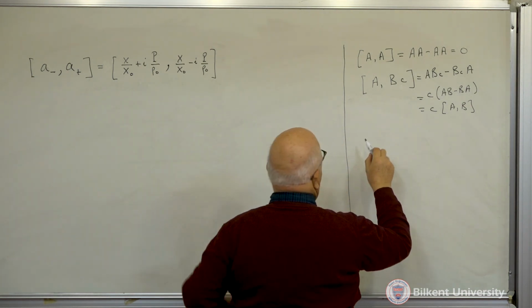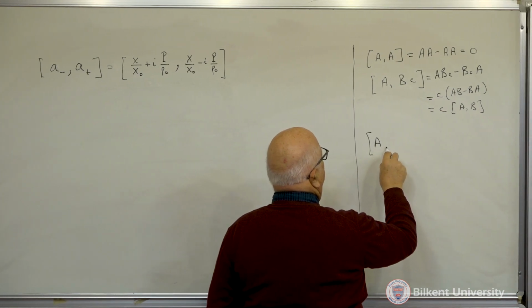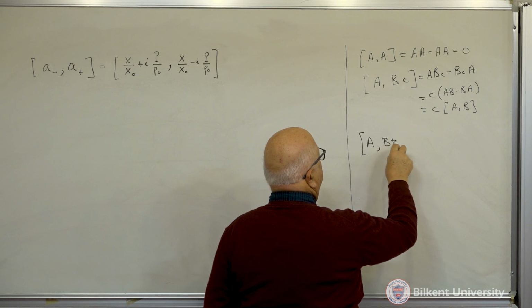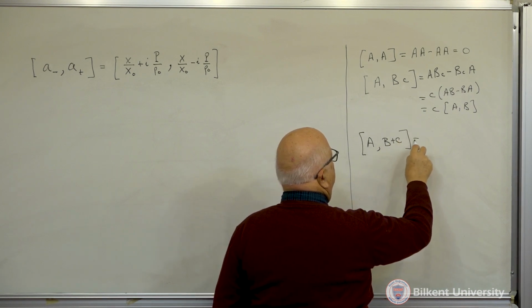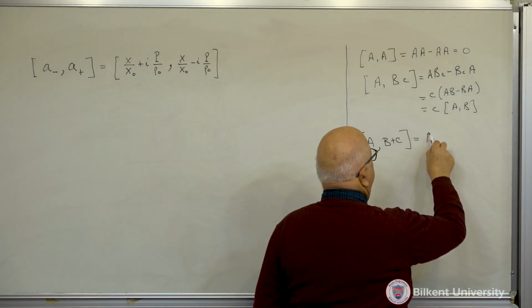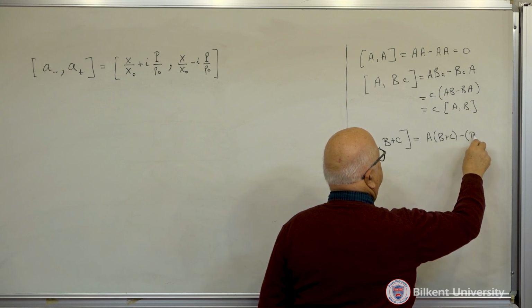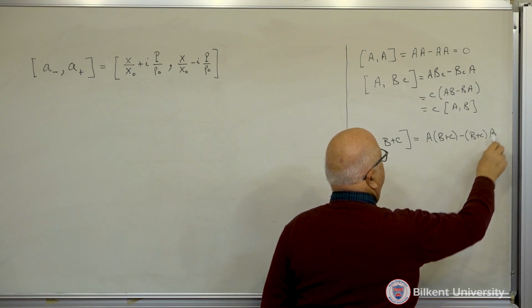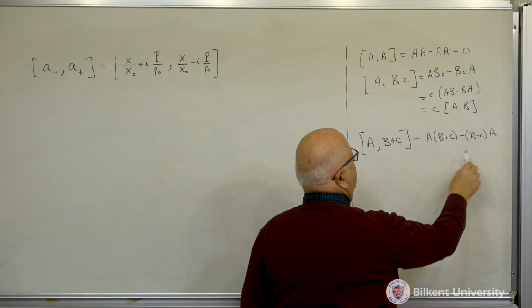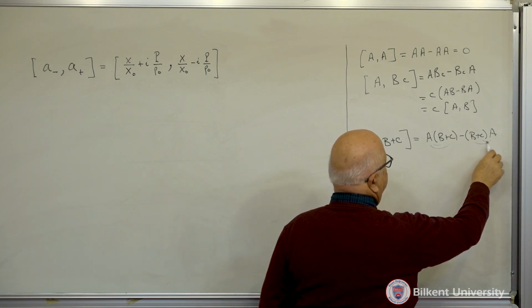I have sums here, so let's look at that also. So it's something like distributivity. Commutator of A with B plus C is what? Well, it's going to be A times B plus C minus B plus C times A. So I have AB minus BA plus AC minus CA.